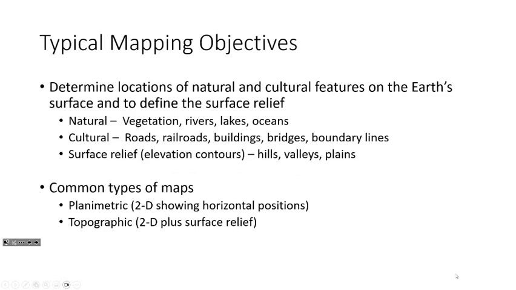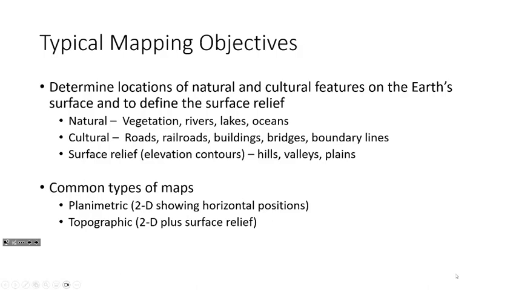But let's be a little bit more general in our discussions. So, when we're trying to map a given area, what are we trying to capture? I would separate it into two main categories between natural and cultural. Natural features in a given tract of land would be like vegetation, any rivers, any lakes, bodies of water, things like that.